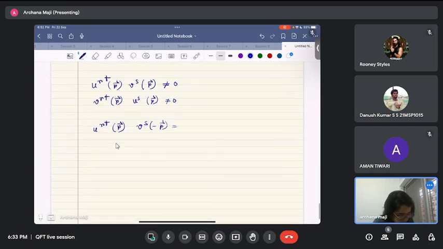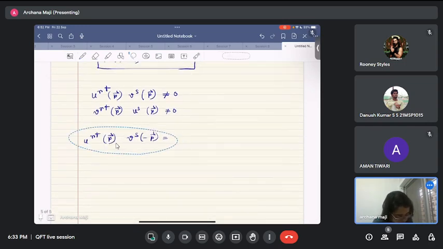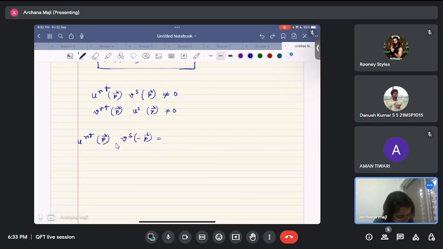So this is equal to xi r dagger square root p dot sigma, xi r dagger square root p dot sigma bar, then v s of minus p.